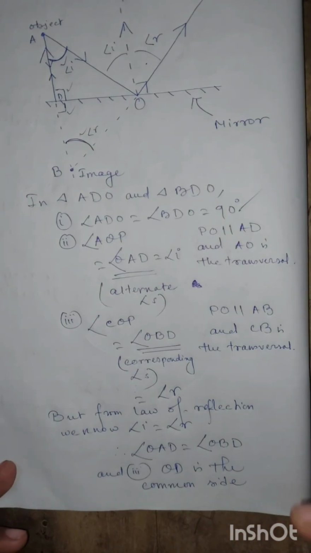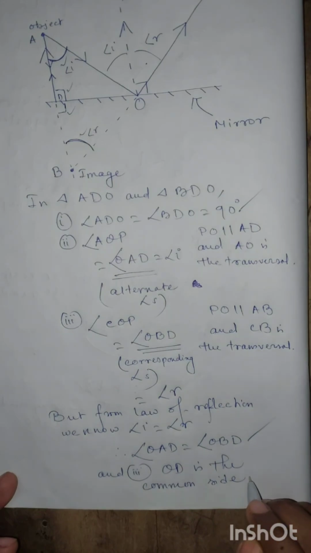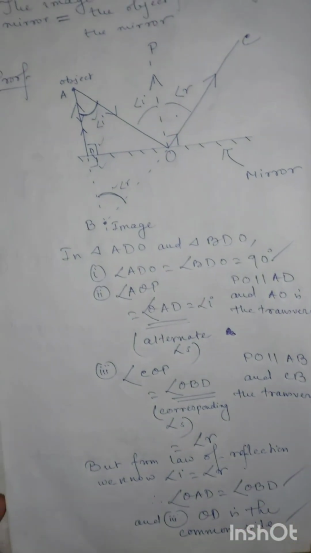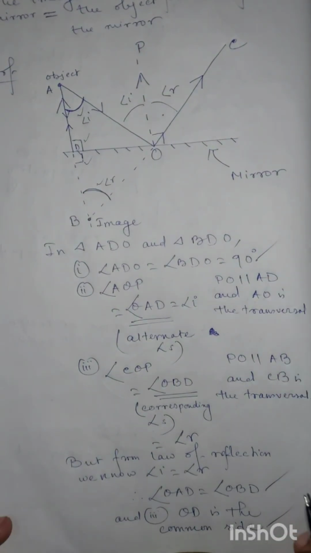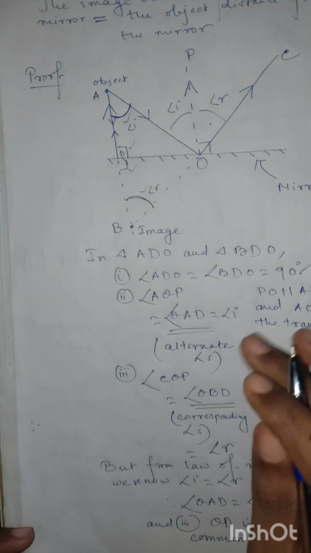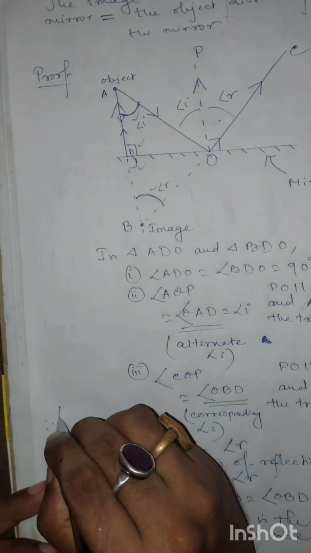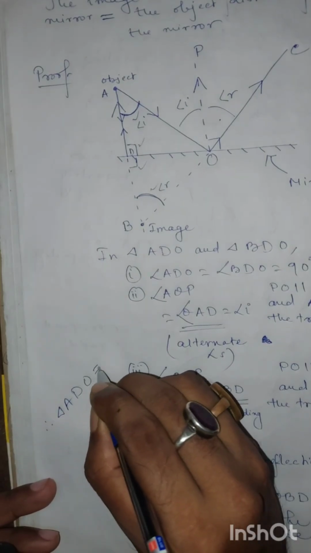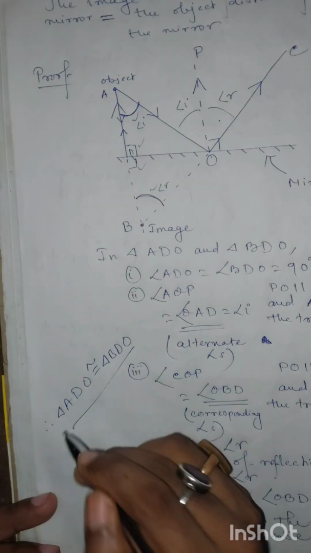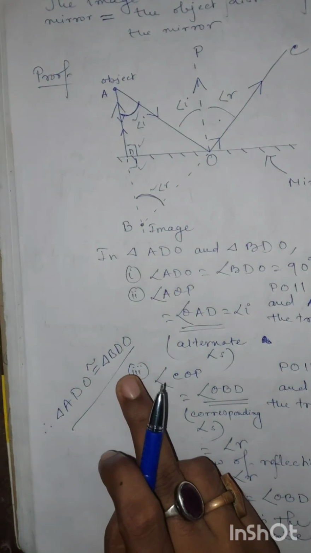Therefore, from these three pieces of information, we can conclude that triangle ADO is congruent to triangle BDO.